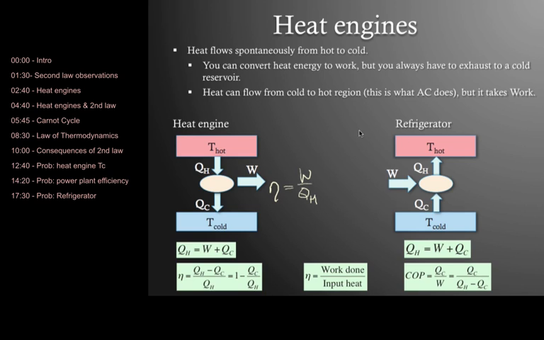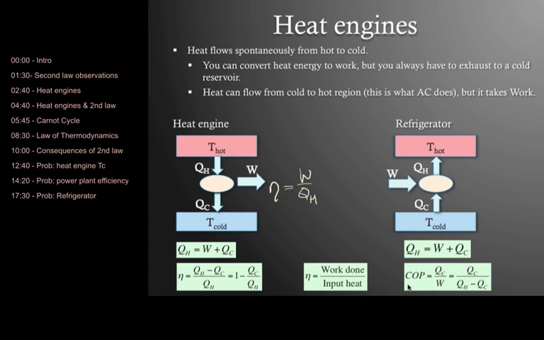We can do the same thing for a refrigerator. A refrigerator is basically just a heat engine run in reverse. We're doing work to be able to pull heat from a cold temperature reservoir, like the inside of your refrigerator, and dump it into a hot temperature reservoir, like your kitchen. And so the energy flow goes from work plus QC is equal to QH.